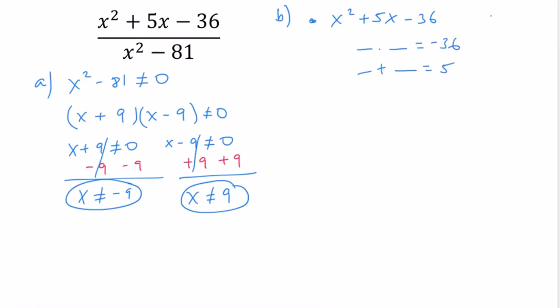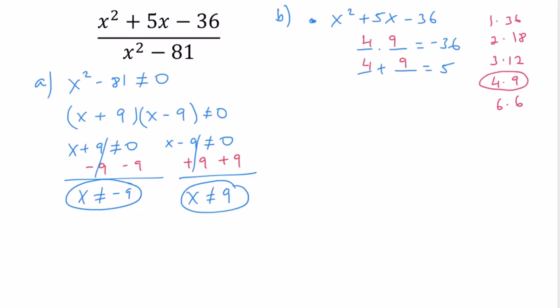So we have 1 times 36, 2 times 18, 3 times 12, 4 times 9, and 6 times 6. So the one that would give us 5 is the 4 and the 9.